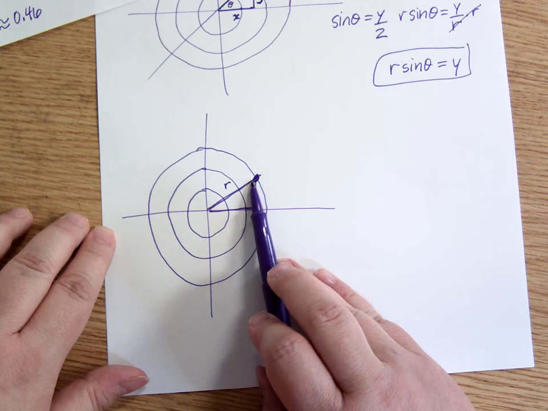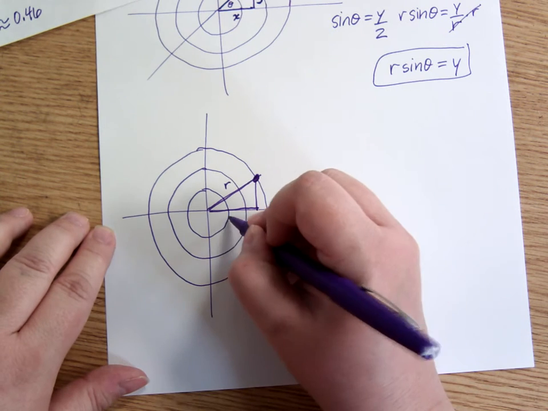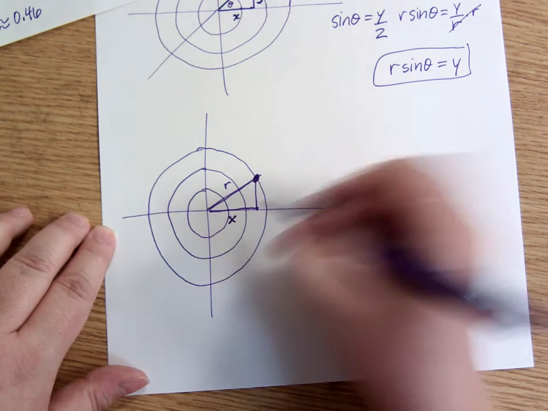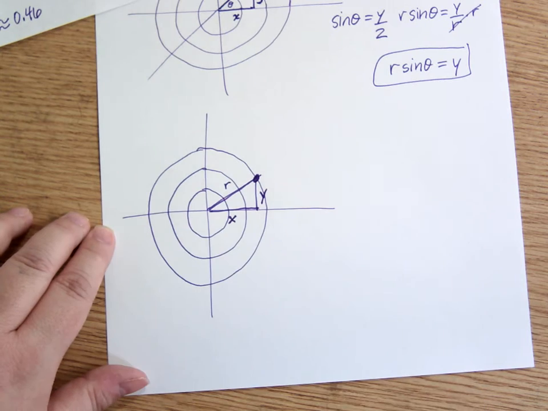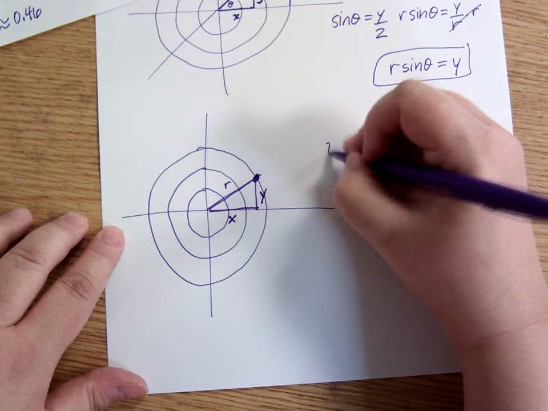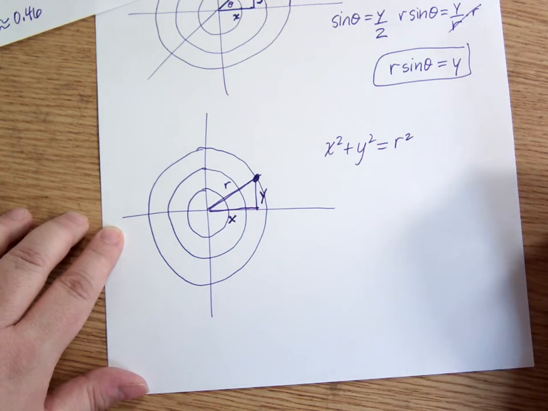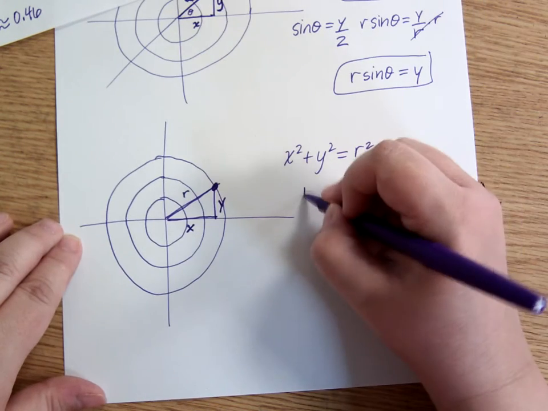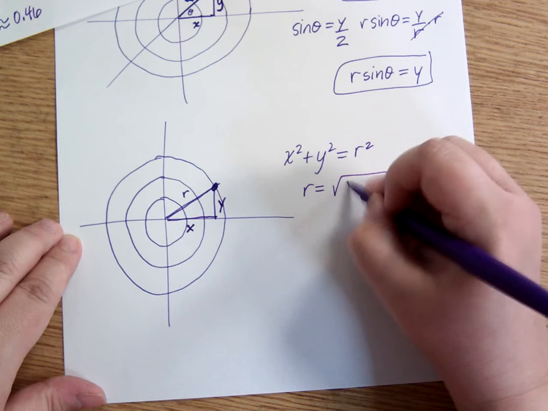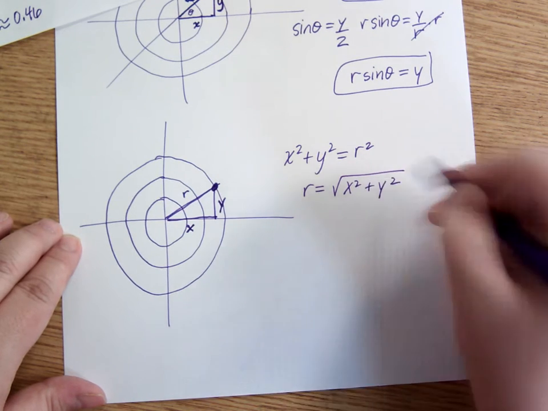That's the radius of that circle. Well, if this is my x value and this is my y value, then let's use the Pythagorean theorem. X squared plus y squared has to equal r squared. That's the same thing as saying that r is the square root of x squared plus y squared.